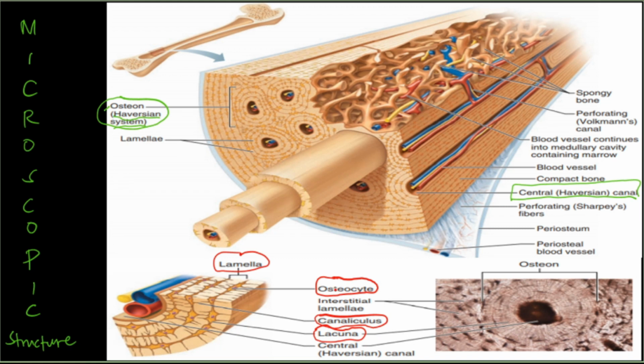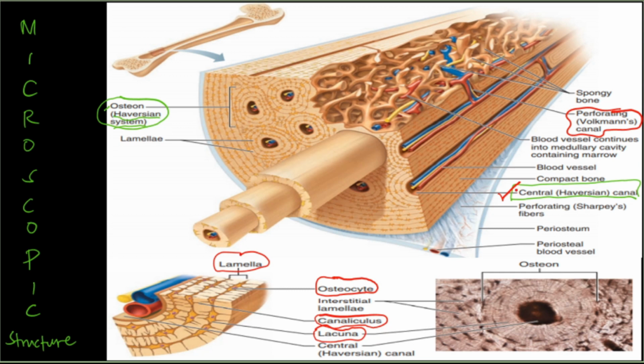There are also transverse canals called your Volkmann's canals. Where are your Volkmann's canals here? Or your perforating canals. This is the Volkmann's canals, connecting the central canal to the adjacent haversian system. Again, your osteon is made up of the haversian canal or your central canal.